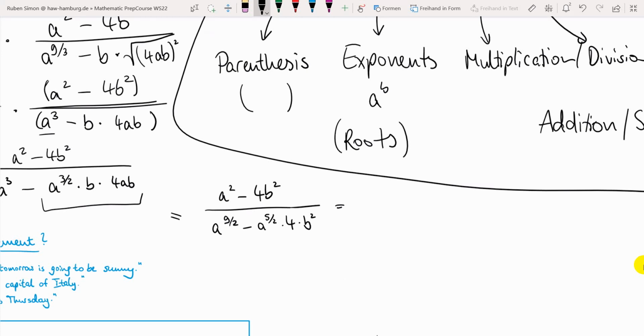Okay, so you would rewrite it again as a root term, because now it would be easier to see any similarity. So if you would rewrite this like this, is that easier for you?